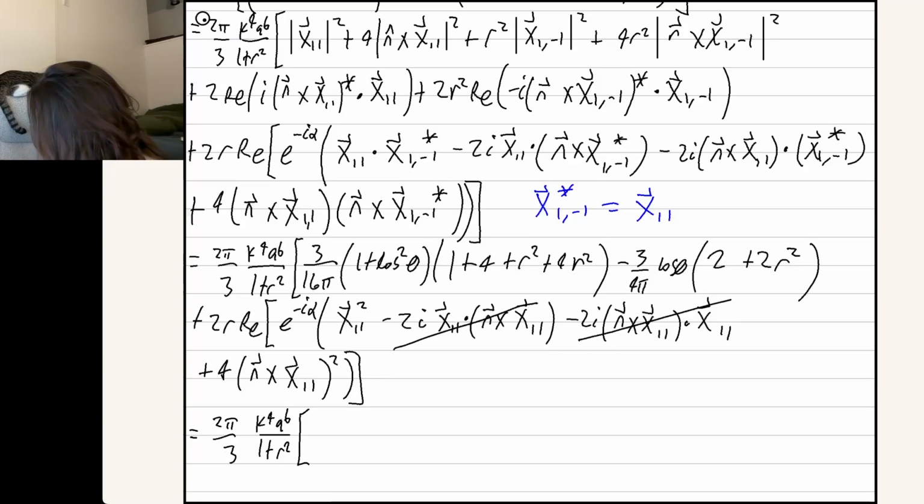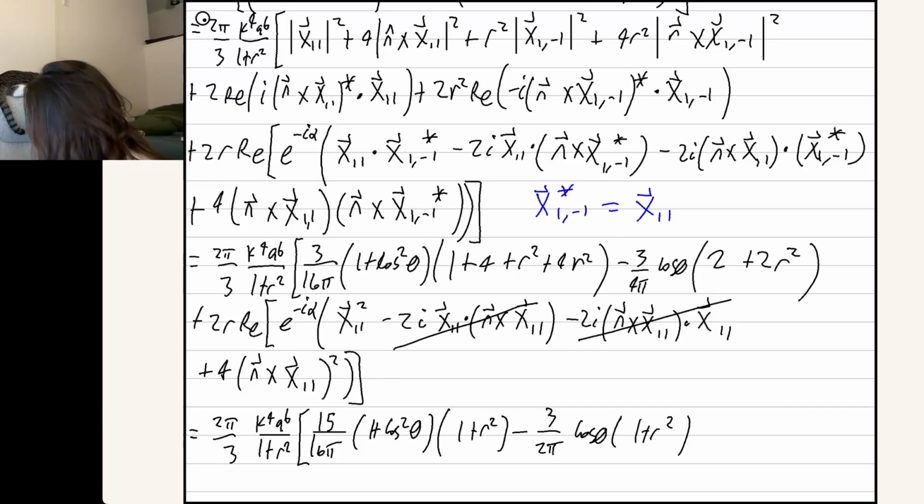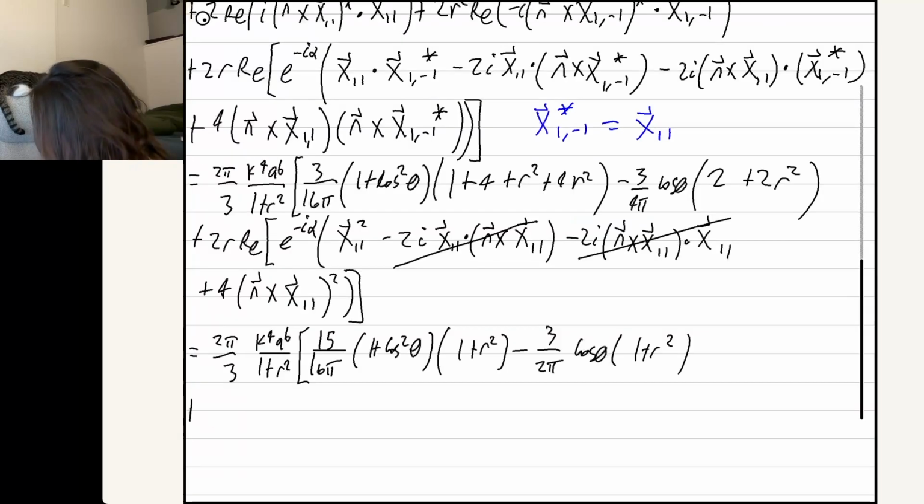We'll factor out a 5 from this stuff, so you get 15 over 16 pi times 1 plus cosine squared theta. And that's just going to be 1 plus r squared after we do that. We'll factor out a 2 here, so it'll be minus 3 over 2 pi cosine theta times 1 plus r squared. It's looking pretty good.